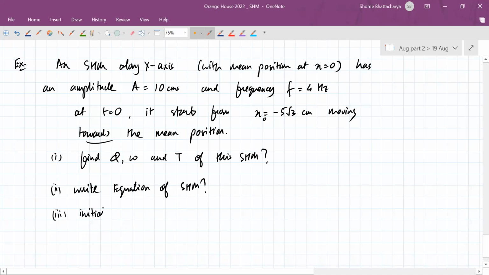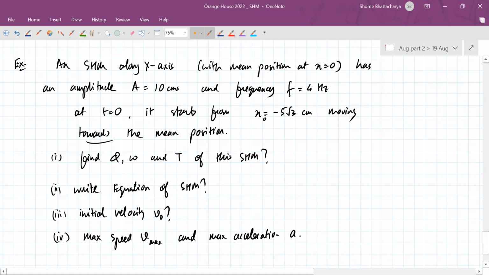Find the initial velocity, and also determine the maximum speed and maximum acceleration for this SHM. So this is like a complete question with all the various different types of kinematical parameters that you can be asked in this question. Just try this out.